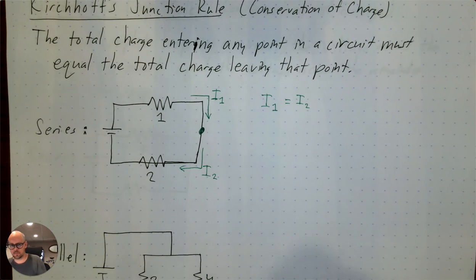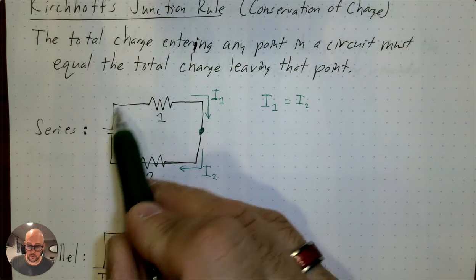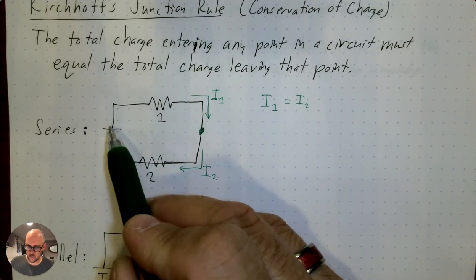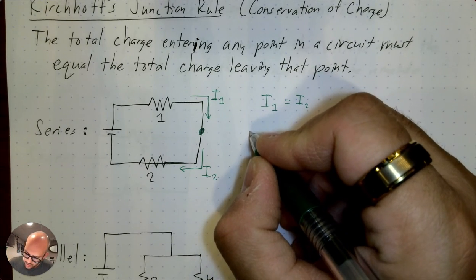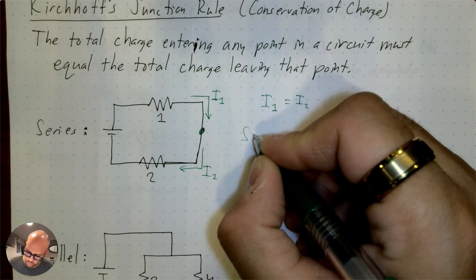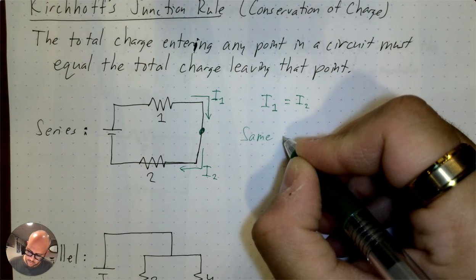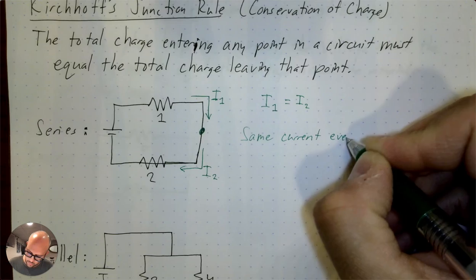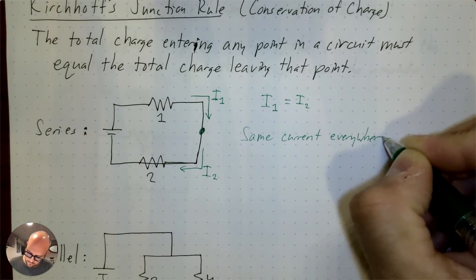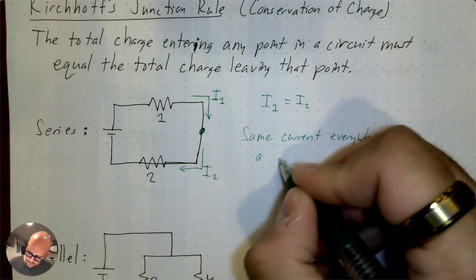So I get this really quick idea about series circuits: I can pick any point that I want, and the current going into it will always equal the current leaving it. So I can make a sub-rule, and that is that the same current is everywhere in a series circuit.